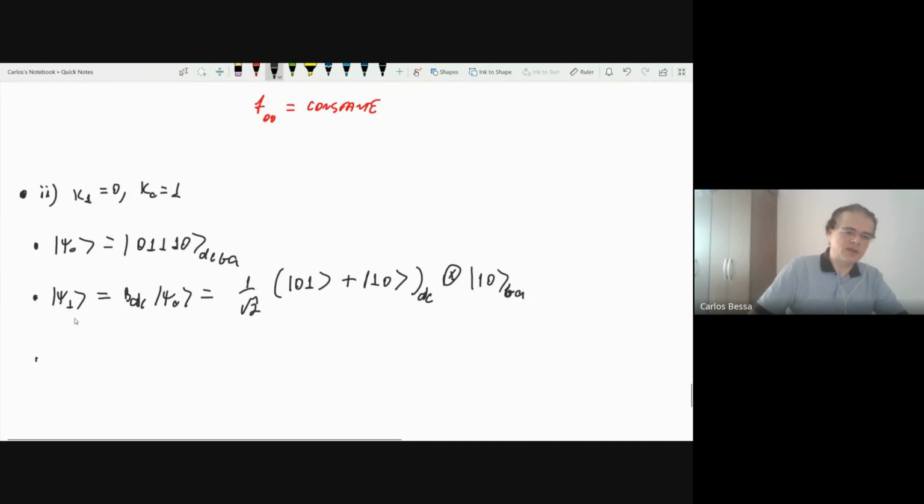And then psi 2 is UF01 applied to psi 1, and switch 1 is off and switch 0 is on.